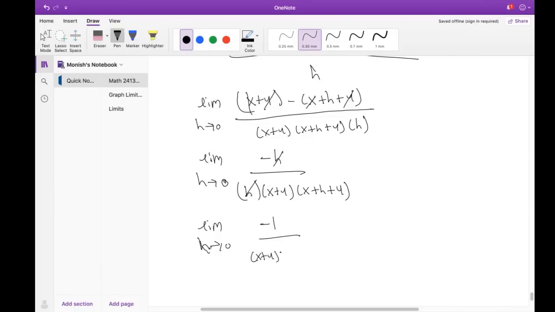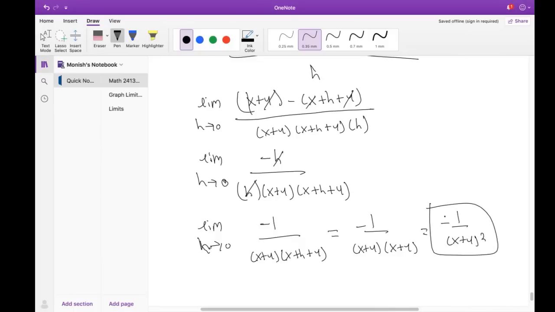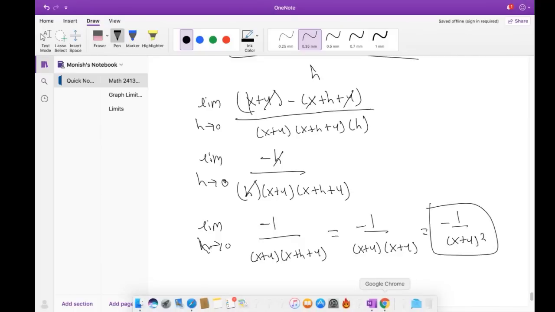Then you just have x plus 4, x plus h plus 4. If I plug in 0 for h, I'll get negative 1 over x plus 4 times x plus 4, which is just negative 1 over x plus 4 squared. And that would be your derivative for the equation. So does that make sense how I worked that one out? Okay. What other questions did you guys have?